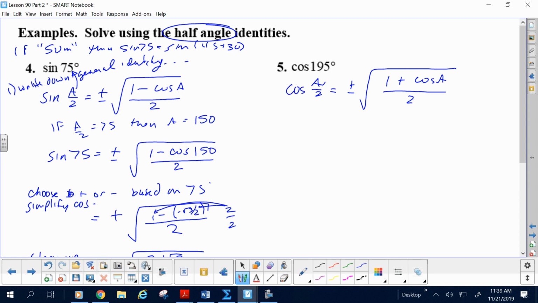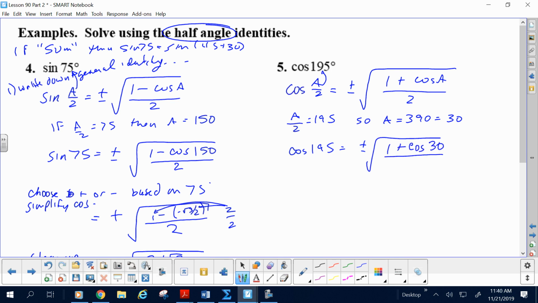A over 2 is 195. So a is 390, which is the same as 30. All right? The cosine of 195 then is plus or minus the square root of 1 plus cosine of 390, or 30, divided by 2. Just plugging stuff in.